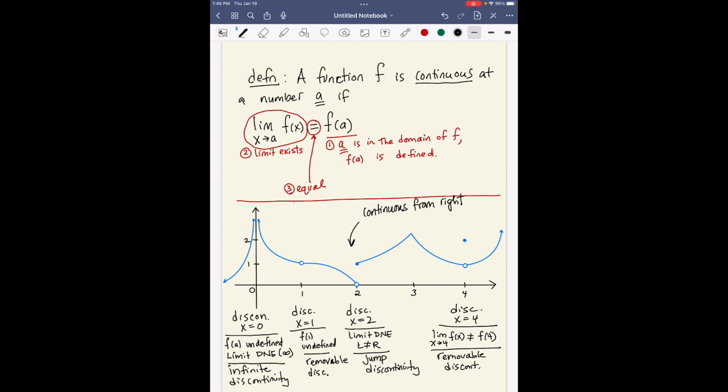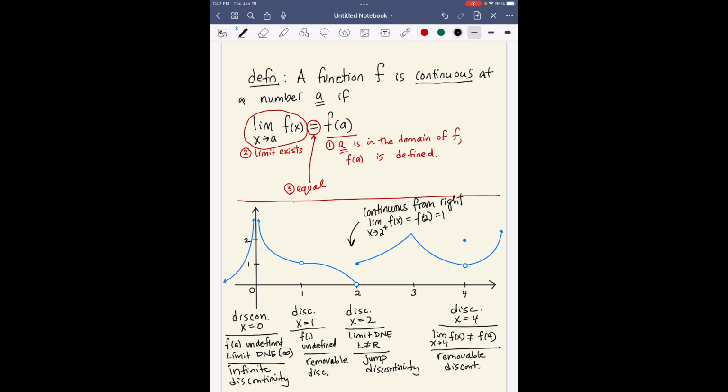What this means is that the limit as x approaches 2 from the right, which in this case we can see is 1, is actually equal to f of 2. So these two values are equal, they're both equal to 1, and that's what continuous from the right means.